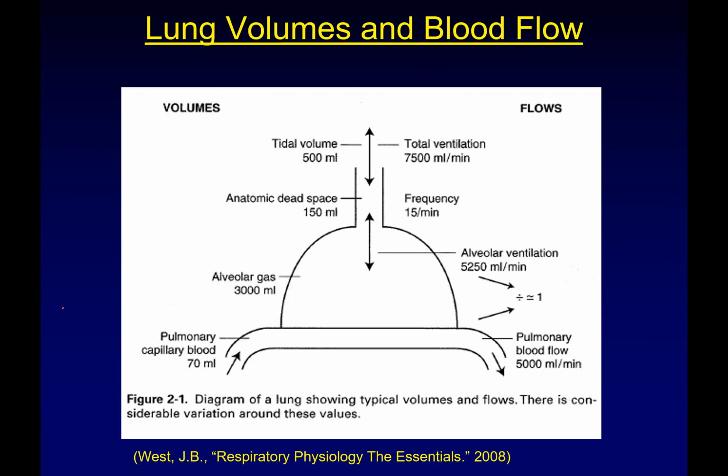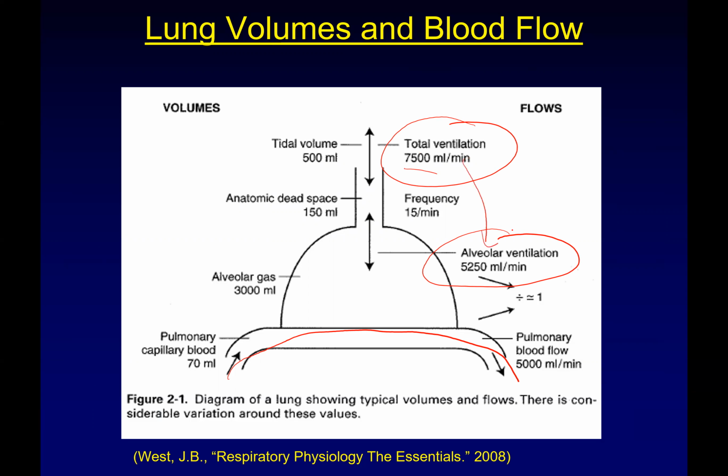So this is going to be kind of how we're going to look at lung volumes and blood flow. And this is just trying to show in many ways what is happening, okay, as to how much air is getting down to the alveoli. You can see blood flow coming through by the alveoli. You can see how much air total you're moving, okay, and you will note that this total is about 7,500 or 7.5 liters per minute.